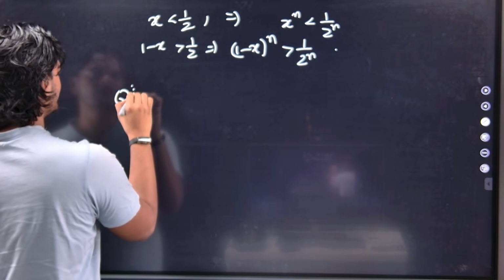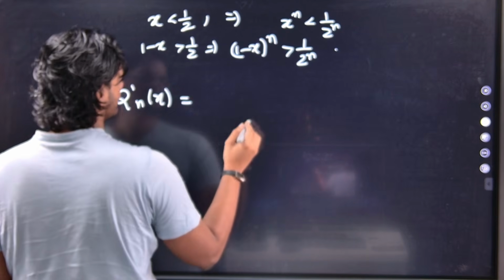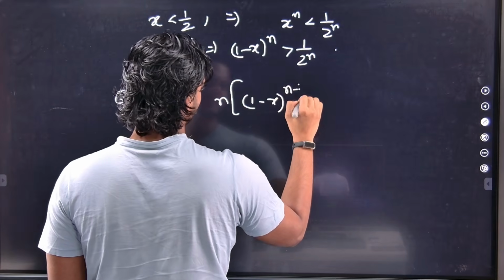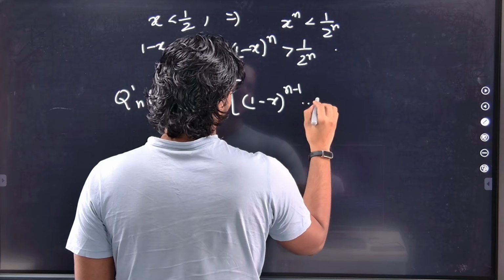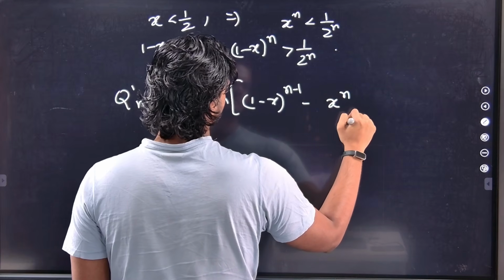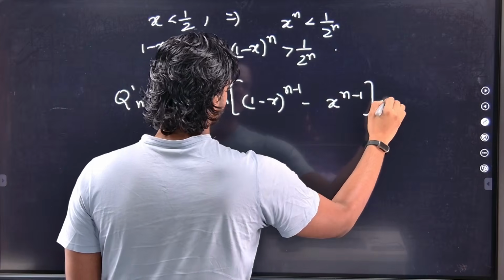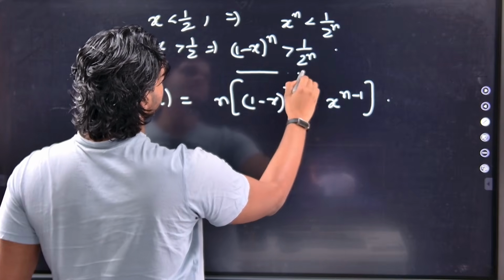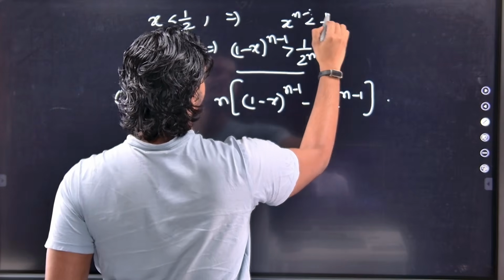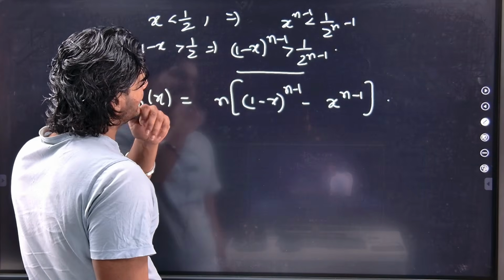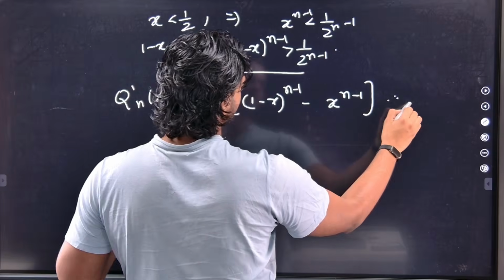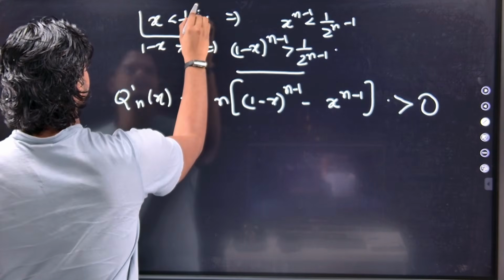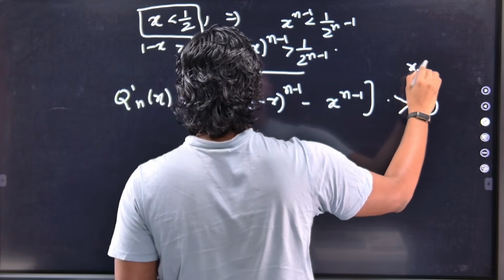So I have Qn dash of x to be 1 minus x whole power n minus 1 minus x power n minus 1. If you take the difference, this is going to be positive for x less than 1 by 2.